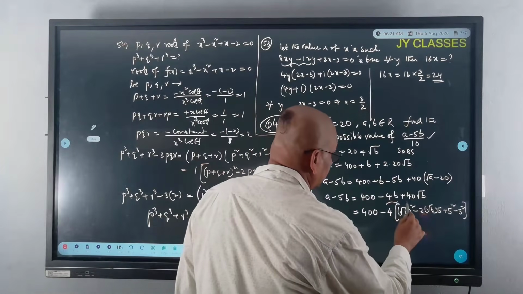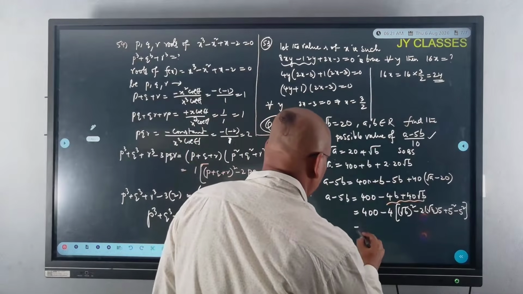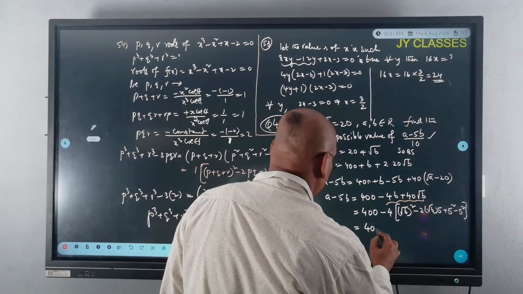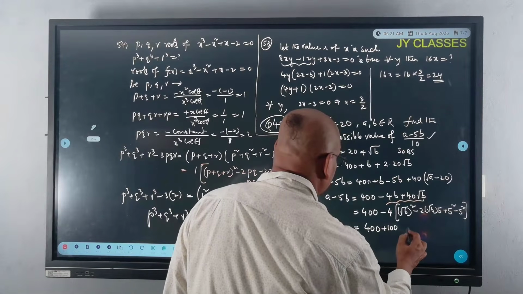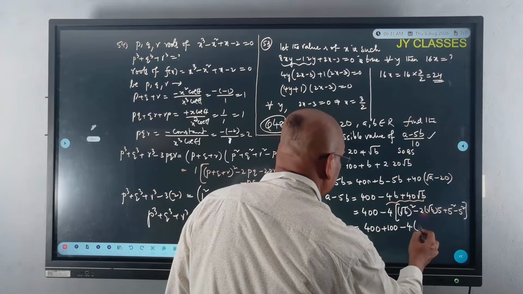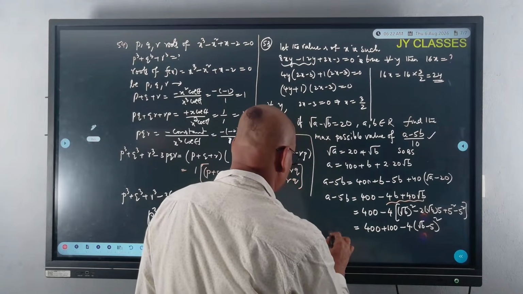This part is to be converted into this one. Then what will we get here? 400, see, minus 4 into minus 25 plus 100 minus 4 into root b minus 5 whole square.